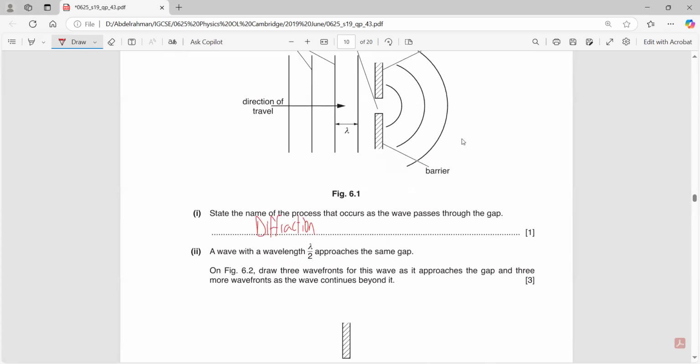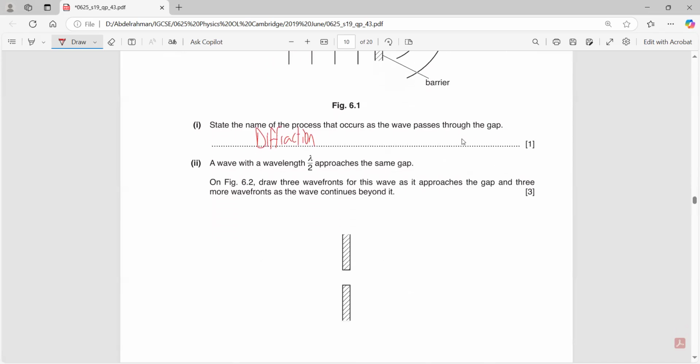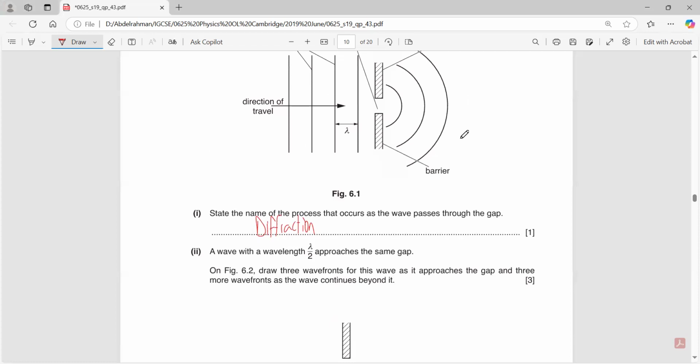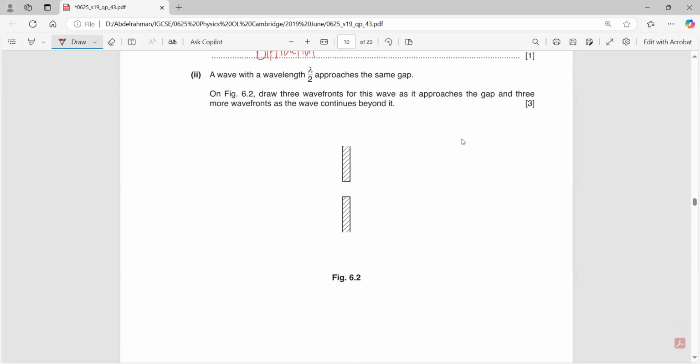A wave of wavelength lambda over 2, so half of the original wavelength, approaches the same gap. We need to draw three wave fronts for this wave as it approaches the gap, and three wave fronts after they pass through the gap. How can I draw them? Initially we need to measure the wavelength, and draw three wave fronts which are much closer, at an exact distance of lambda over 2.